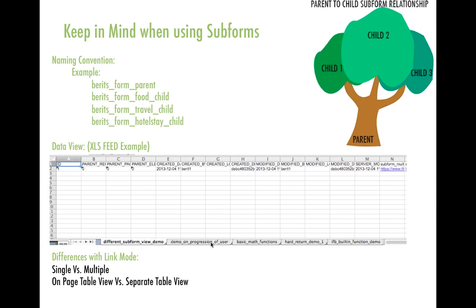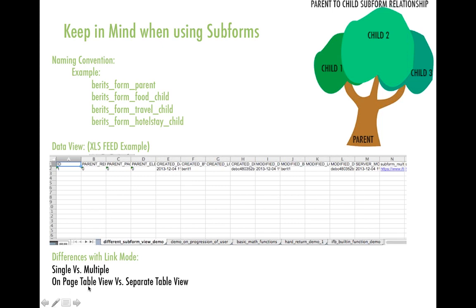All right, so the next thing is with your form, you're going to have subforms. Again, you use that naming convention that we've talked about, and that's the same example that I had before. To understand what subforms and smart paging are, if you think of a tree, your trunk is that parent, and each branch is just a different version, or a different child form.